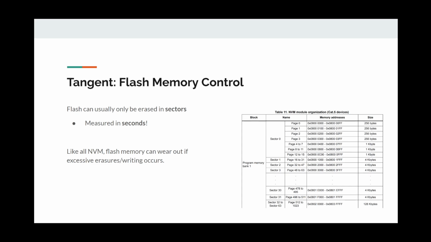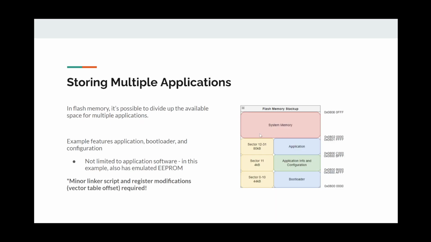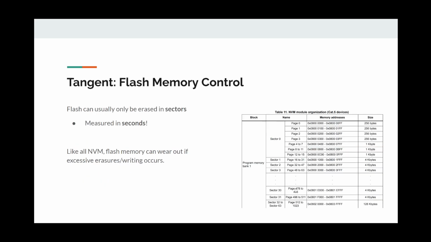And one thing I also wanted to talk about was sector and page organization. So going back over here, I just pulled these sector numbers out and said, here are some sizes. This is the data sheet for that exact microcontroller, and you can see you have these sectors. A sector just represents a unit of size of flash that we can control. In this case, the data sheet is telling us, well, sector 0, I can erase 256 bytes.